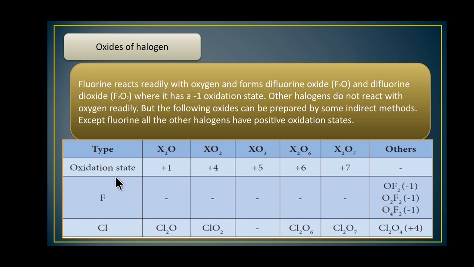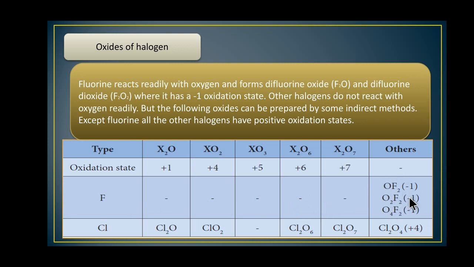So the types here are X2O, XO2, then XO3, X2O6, then X2O7, others in a fluorine type. These have +1, +4, +5, +6, +7. Here it is not possible directly, so indirectly we prepare.